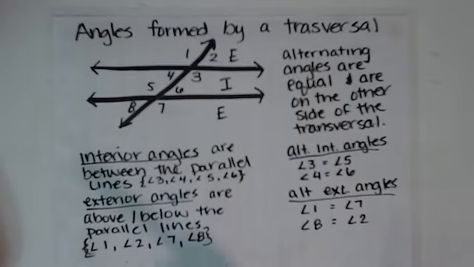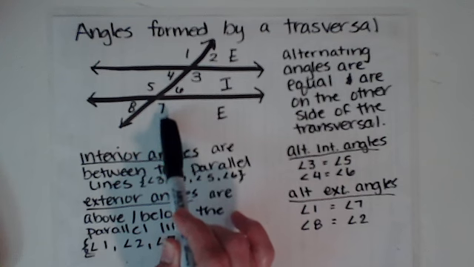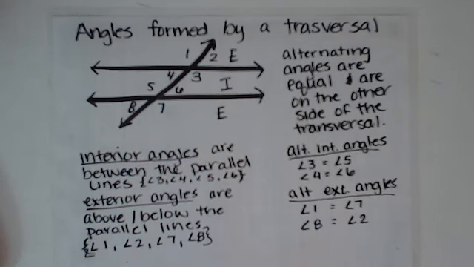If we're given one angle, say we knew angle 7 in degrees, we could figure out all of the rest of the angles by following these rules. Both of the vertical angles using supplementary and complementary, but also looking at our alternating interior and exterior angles.